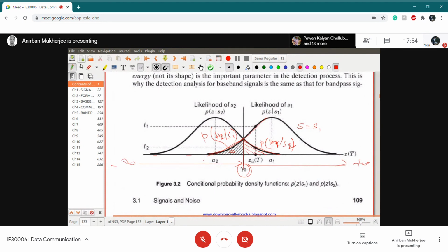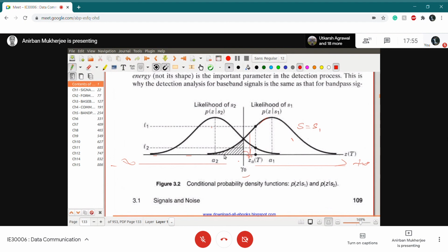My question is, say I can choose another threshold over here. Say this is my gamma 0 prime, and I try zt greater than gamma 0 prime and so on. Now in that case, what will be my error?